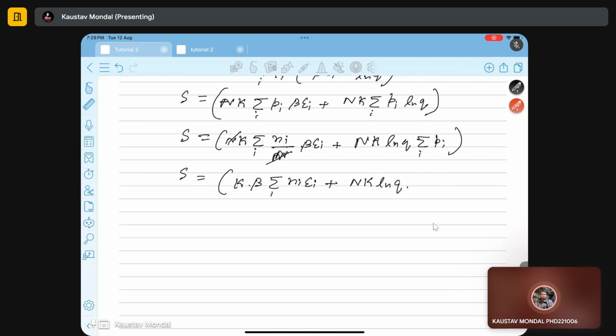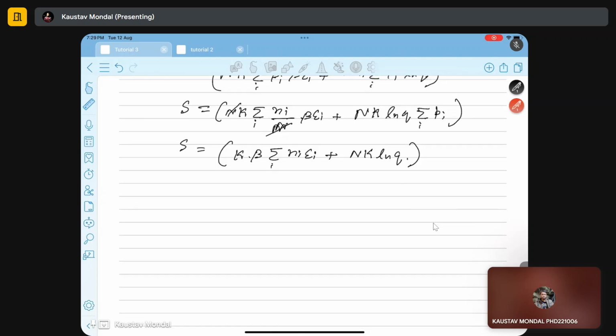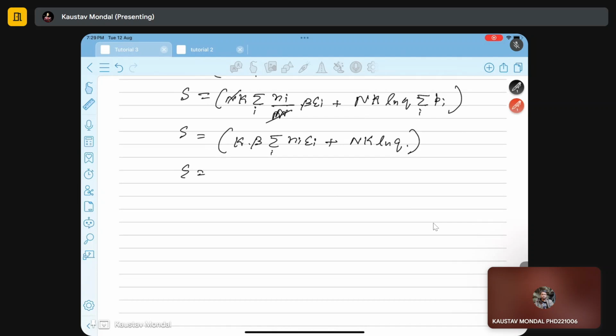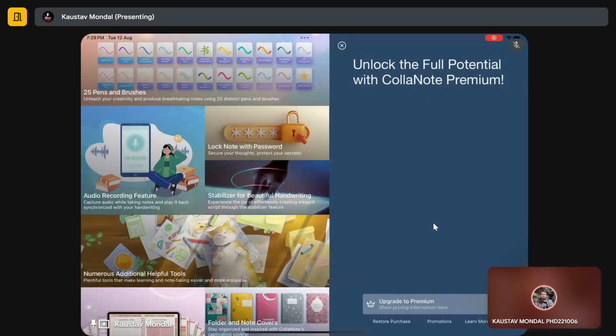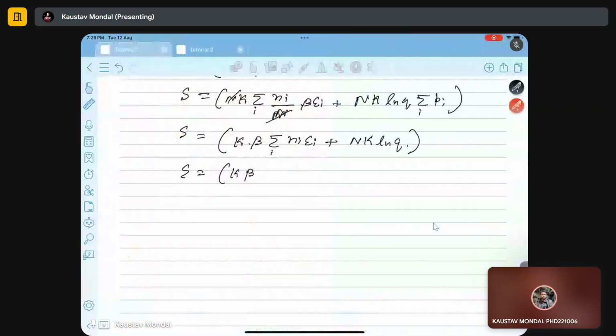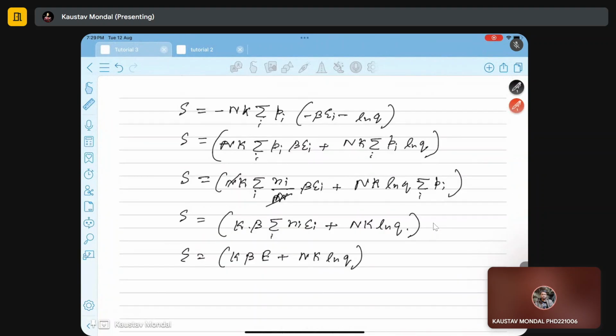The summation over all the probabilities gives you basically 1, right? Now this would be k beta summation Ni ei, which gives you total energy E, plus nk ln q.